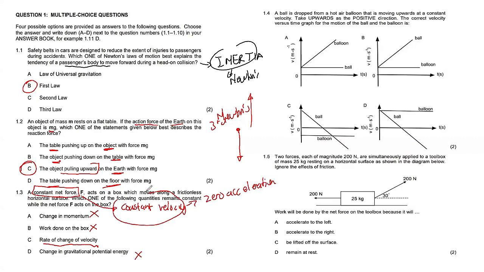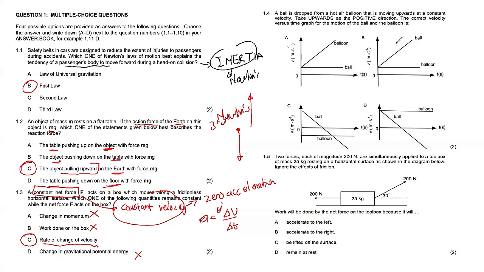Now, if we are saying there is constant velocity, this means there is zero acceleration. But note that they did not say acceleration here. But for the sake that they said rate of change of velocity, that is the definition of acceleration, because acceleration, we know it as the rate of change of velocity. And this is the part that will be kept constant here. So our option is C. So always note how they play around with these options here.